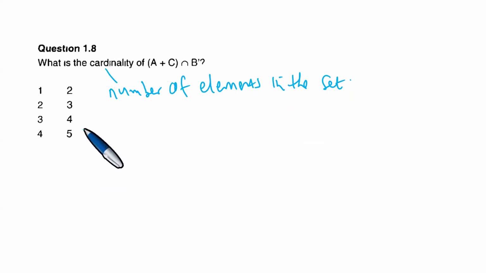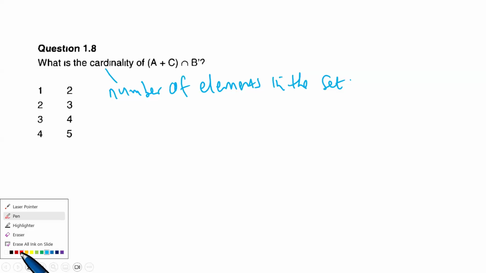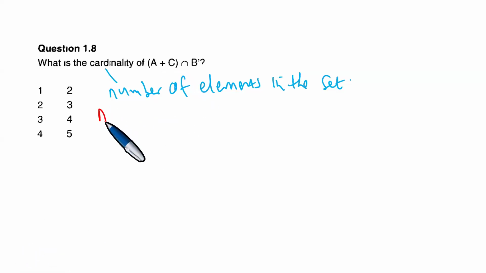So when you have A plus C, let us check this out. To discuss the cardinality here, we need to recall what A, B, and C were given as in the introduction of this question.